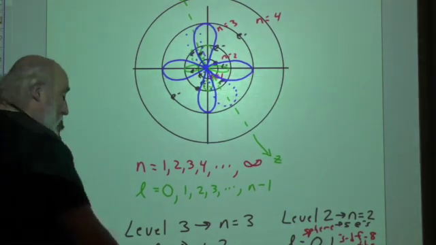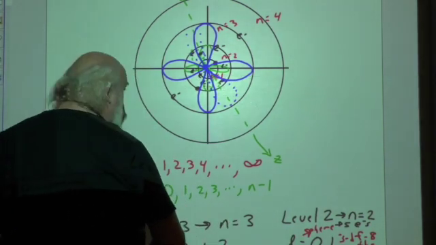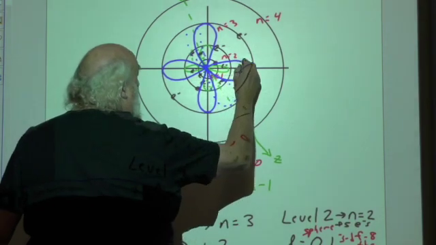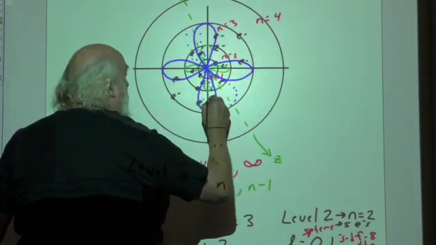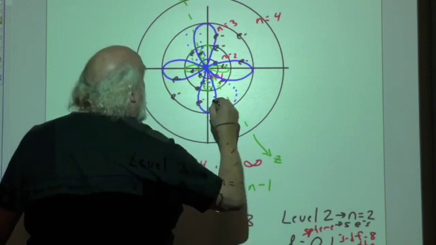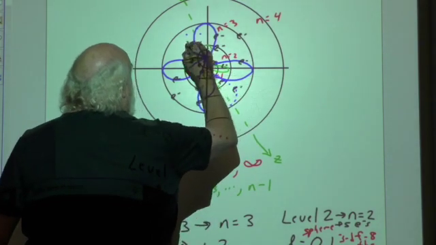And there are electrons on each one. So we have 1, 2, 3, 4, 5, and 6 electrons.